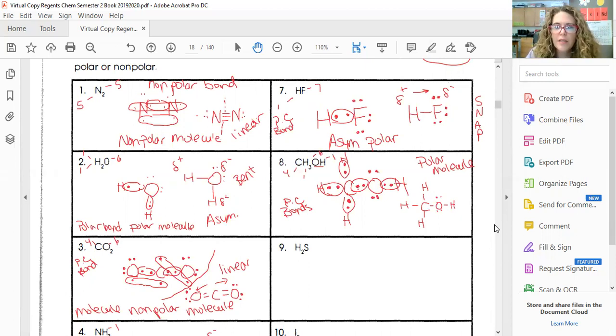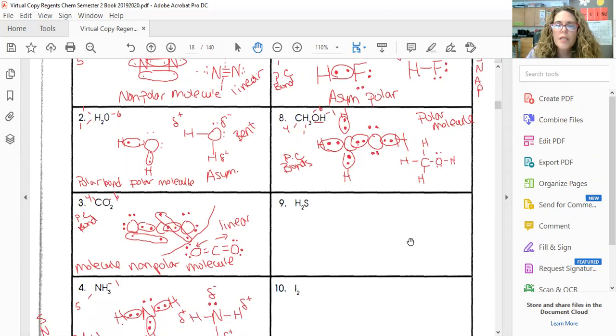So obviously I'm asymmetrical. So now here I have H2S, hydrogen with its 1 valence electron, sulfur with 6. So hydrogen has to be on the outside, so sulfur will go in the middle. So 1, 2, 3, 4, 5, and 6. So now hydrogen has a spot to go here, and hydrogen has a spot to go here.